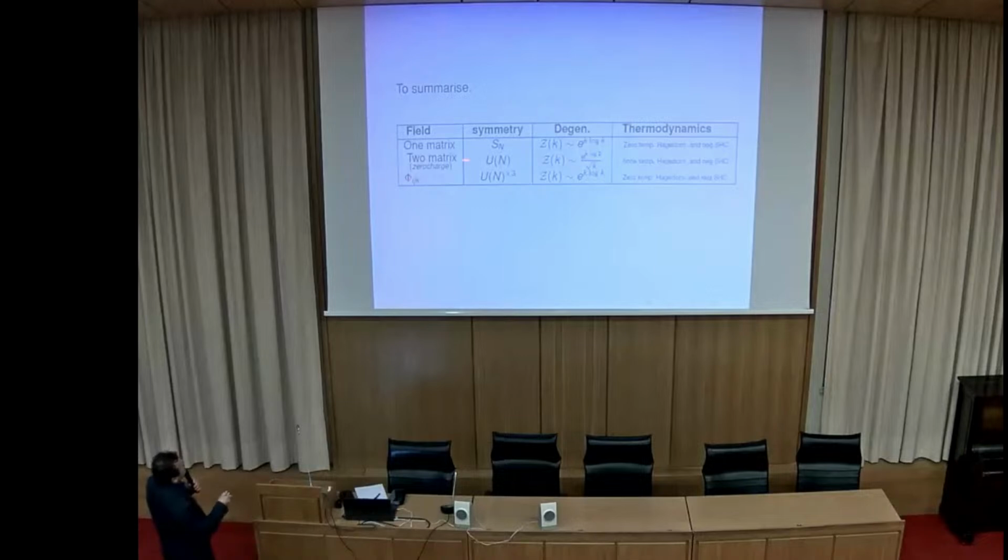And then there was the 2 matrix case with UN, where we had a growth of e to the k log 2, but corrected by root k. And now there was a finite temperature and negative specific heat capacity very near that Hagedorn.